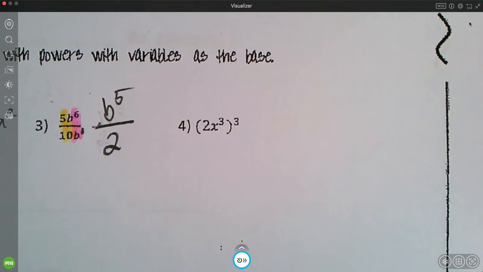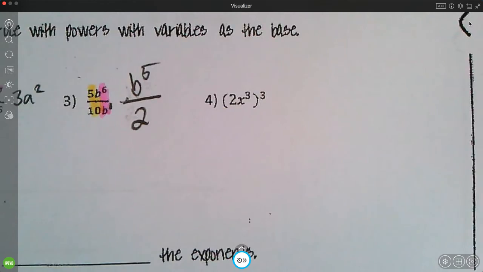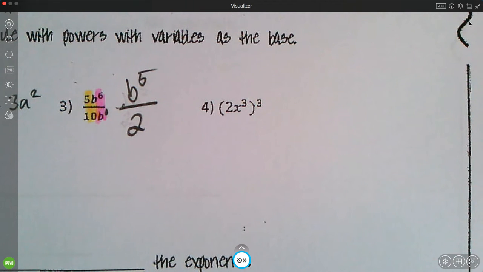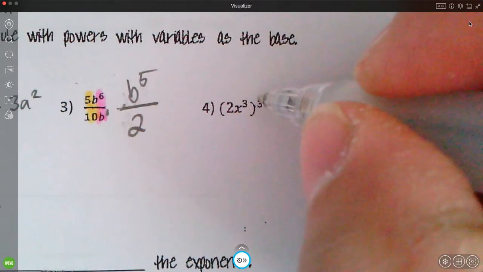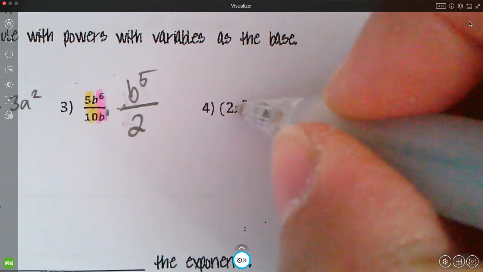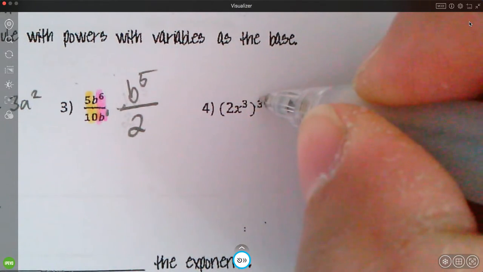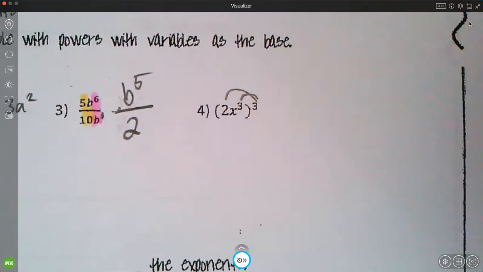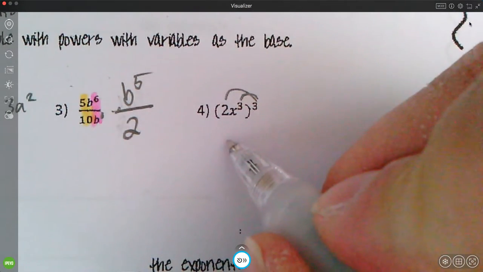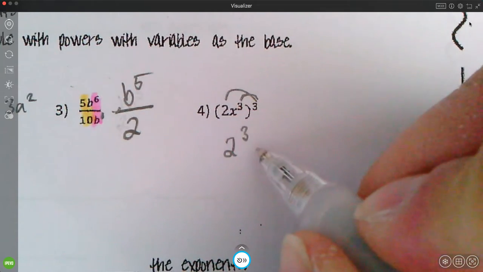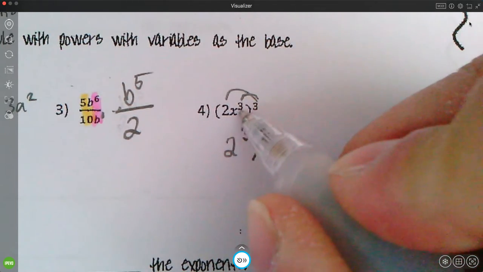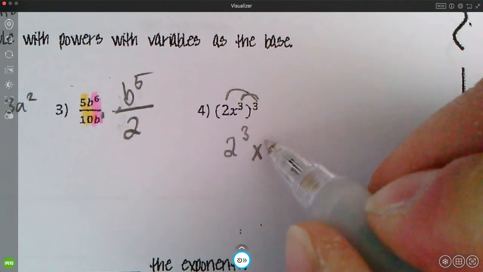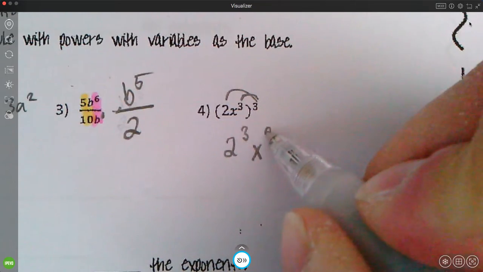And then this one, it kind of jumps into this. This is an important part because we did the power to a power when we looked at He-Man and all that stuff. But when you do power to a power with 2 products on the inside, you're really distributing that power of 3 to both numbers in there. So really that's 2 to the 3rd times x to the 3rd power to a power, which is just 3 times 3, which is 9.